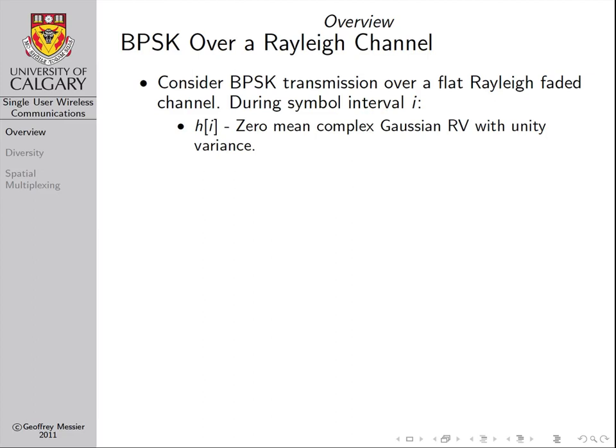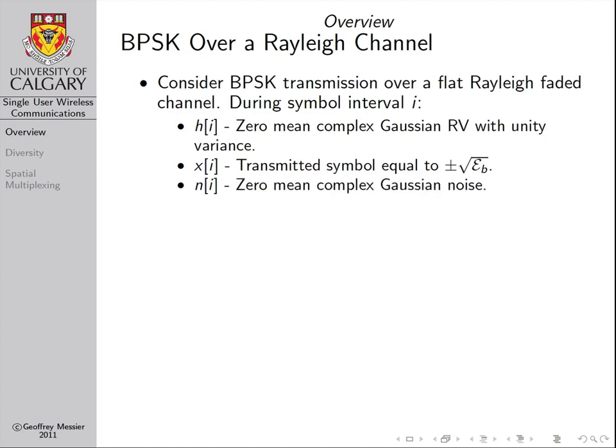But assuming a channel gain of unity is very commonly done when conducting mathematical analysis or even simulation of a wireless system. x represents the transmitted BPSK symbol. We're using baseband notation here, so it's equal to plus or minus the square root of the energy per bit. n is the zero mean complex Gaussian noise corrupting the symbol x.